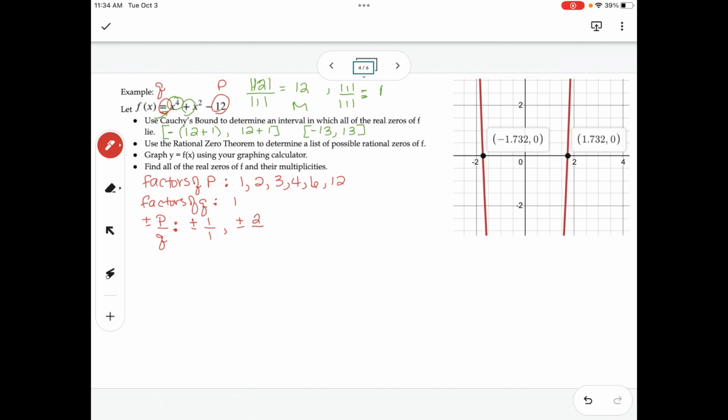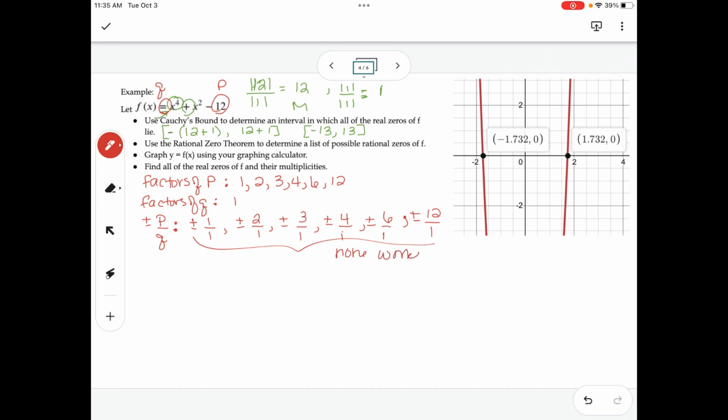Don't get them backwards like I just did. Plus or minus 3 over 1, plus or minus 4 over 1, 6 over 1. Apparently I was looking ahead. And plus or minus 12 over 1. Of course, these all simplify down to plus or minus 1, plus or minus 2, plus or minus 3, plus or minus 4, etc. But if I look at my graph, which I graphed using my graphing calculator, none of these work. None of these work at all. That wasn't very helpful.